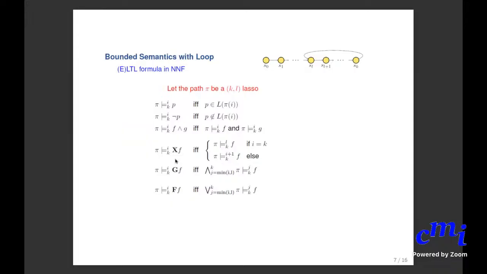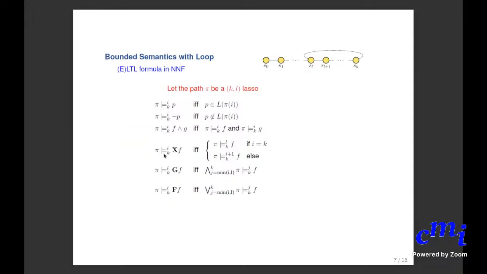So here we are defining what we can conclude about the satisfaction of an LTL formula of the form X of F, where the subformula F itself can be an arbitrary LTL formula, by looking at the suffix starting from the location I in a k-long prefix of pi.